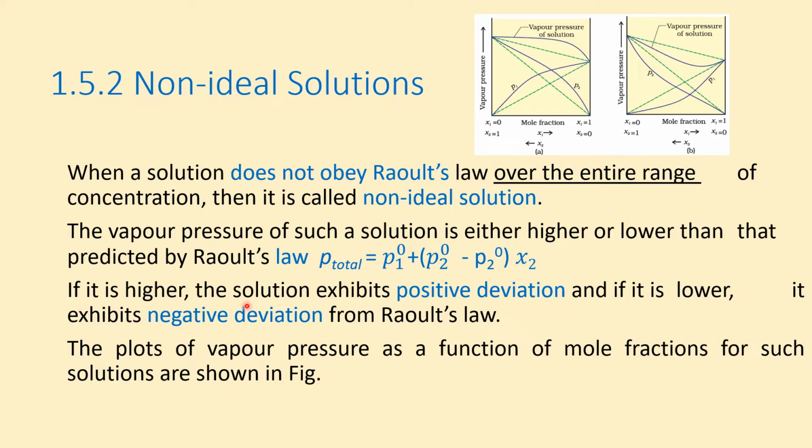If it is higher, the solution exhibits positive deviation, and if it is lower, it exhibits negative deviation as shown in the figures above. The plots of vapor pressure as a function of mole fractions for each of these solutions are shown in the figure above.